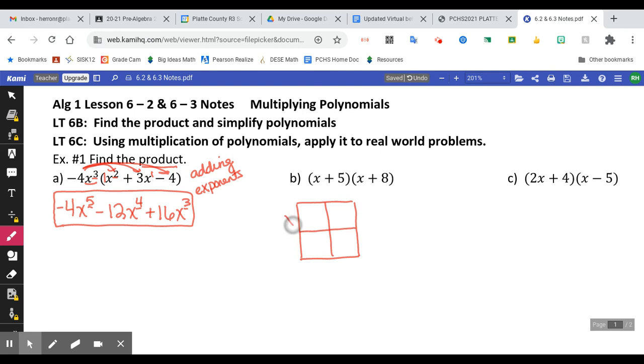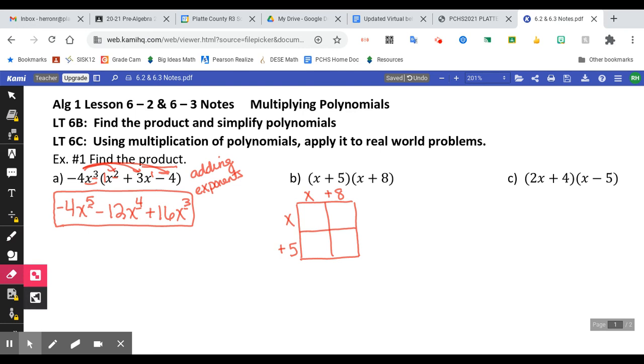So I've got x plus 5 happening here and x plus 8 happening on the top. Now you could reverse those. It doesn't matter which one goes where as long as you do it. And then you're going to multiply like we used to do when we had our old multiplication parts, and we would drag our finger here and drag our finger down, and the answer would be inside the box. That's exactly what we're doing, only we're making our own multiplication chart per se.